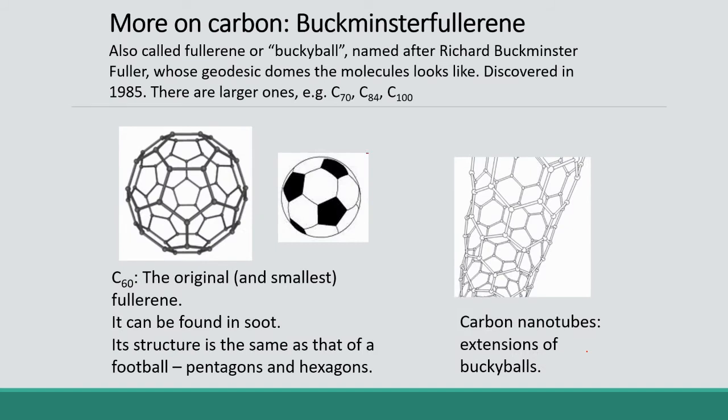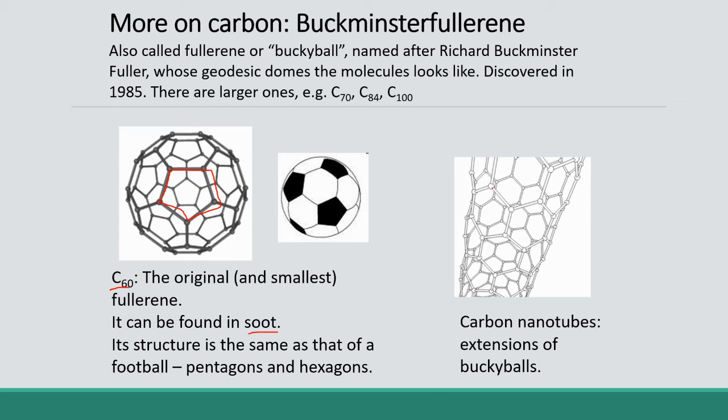Also, in 1985, 1986, it was published that there are other structures of carbon, where the carbon atoms form buckyballs with pentagons and hexagons, like a soccer ball shape, with 60 atoms. These can be found in soot.